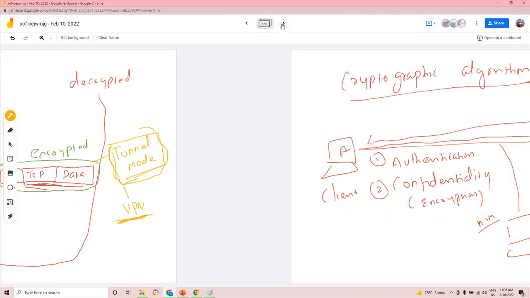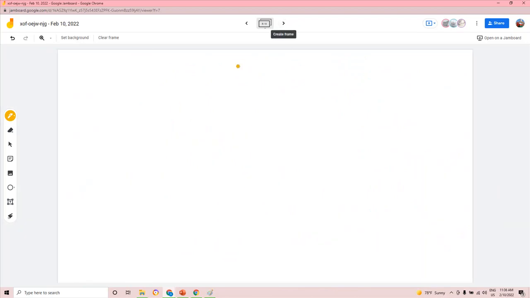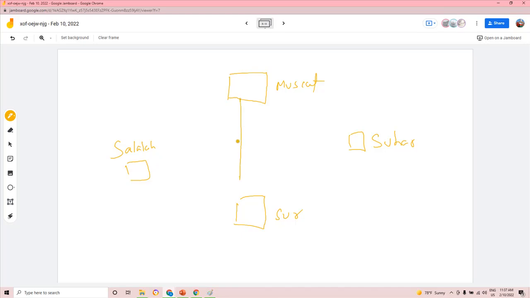So for example, there is an organization in Muscat, an organization at Sur, Salala, then Suhar. They have branch offices. So what you can do is connect them.